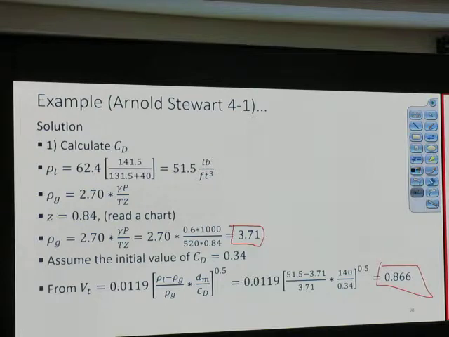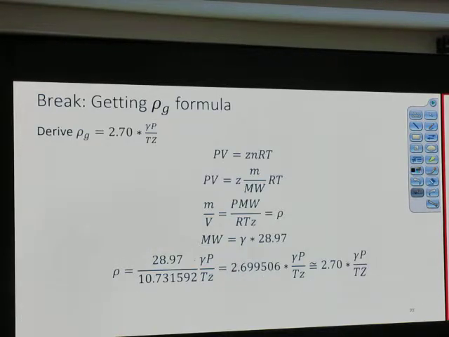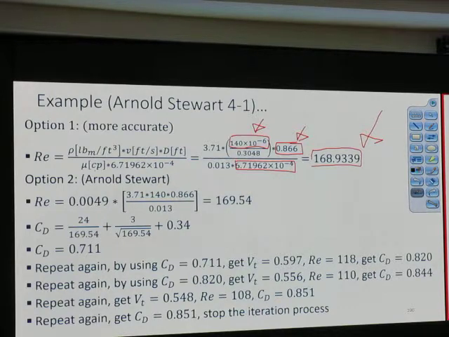Yes, that is terminal velocity, correct? Terminal velocity with the assumption that C sub D is 0.34, which is not correct. Okay, we assume that first. And then we plug the number in, value of density and velocity, which is this one, and the diameter.